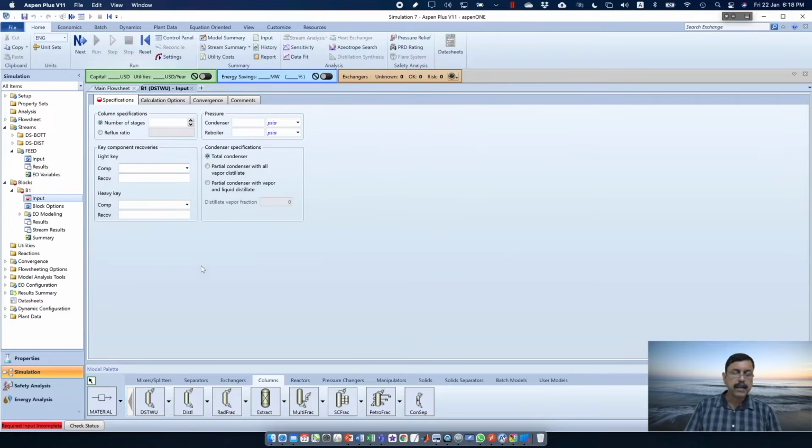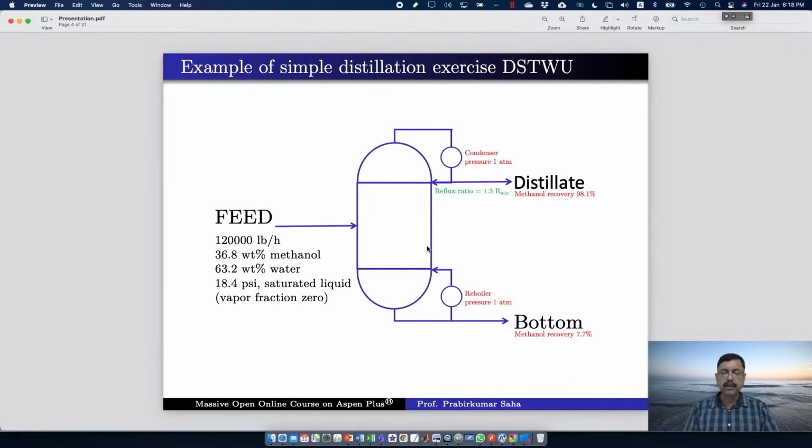Press next. Here it is asking for the inputs for the block B1 running with DSTW. You can either specify the number of stages or specify the reflux ratio. Now we have the information on the reflux ratio, not the actual reflux ratio, but we know that the reflux ratio is 1.3 times the minimum reflux ratio.